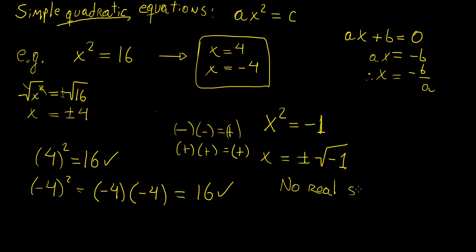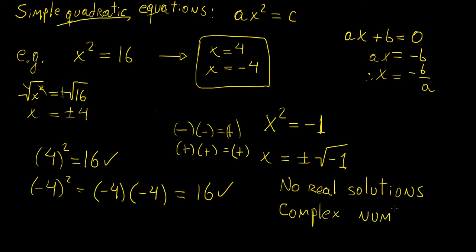So no real solutions. There is a way to solve it, and it requires using another type of number, which is even higher up in the ladder. It's even higher than real numbers, and it is called a complex number.